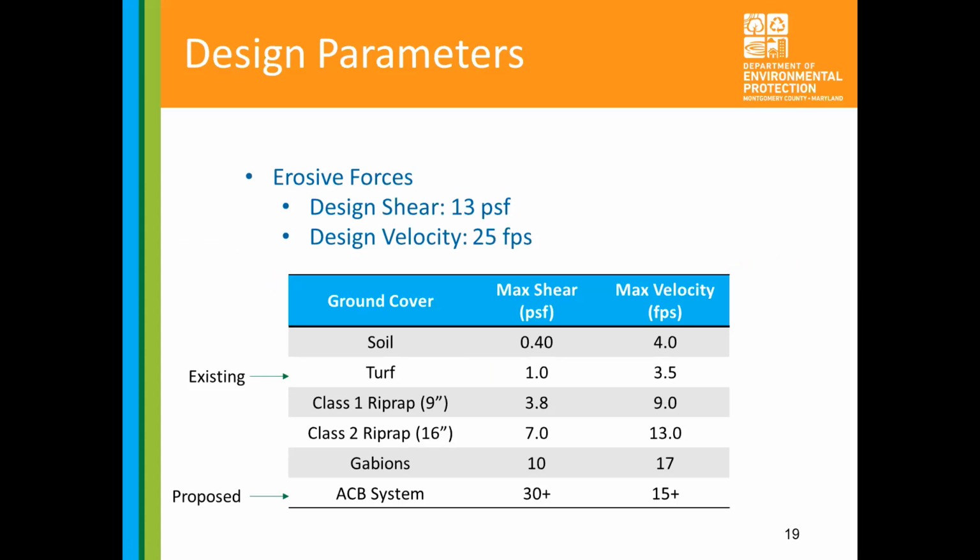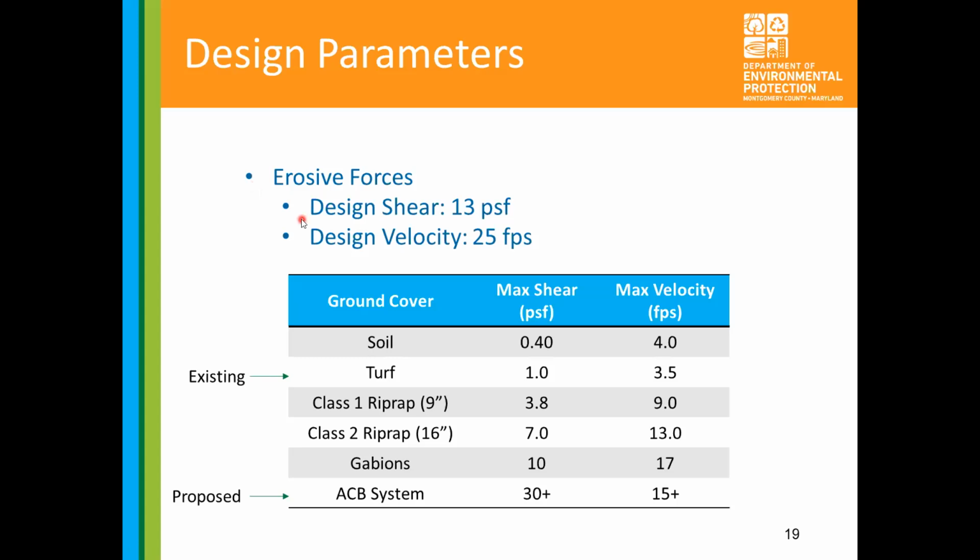A little more technical stuff. I'll try and be succinct through all of this once again. So what we care about are the erosive forces along that slope during that supercritical flow, when all the peak shears and velocities are the highest.